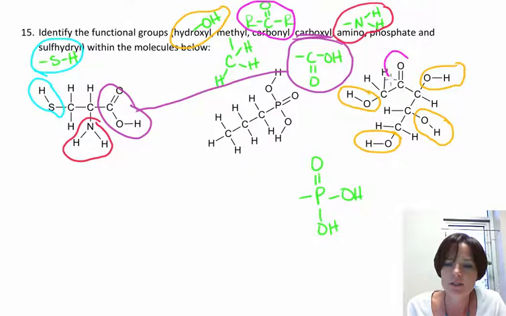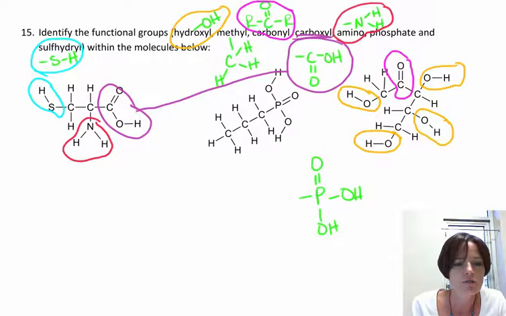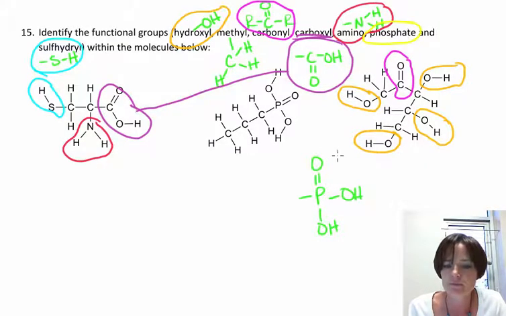So here would be our example of the carbonyl group. We don't want to count this one again because instead that's the carboxyl because it's also attached to this portion here. And then for the phosphate group, phosphate is right here. The example of phosphate that we have is this one.